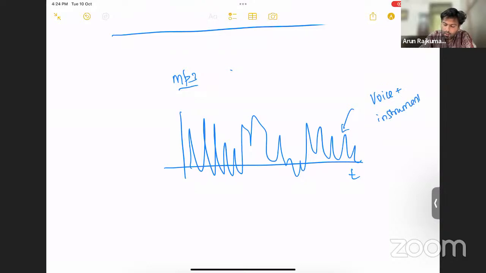And for some reason, I'm so interested in the singer's voice that I don't want the instrument. I only want to extract the voice from this signal. It's a mixture of voice and instrument. Now I want to learn how to separate voice and instrument, because I might want to only listen to the voice, or only listen to the instrument.